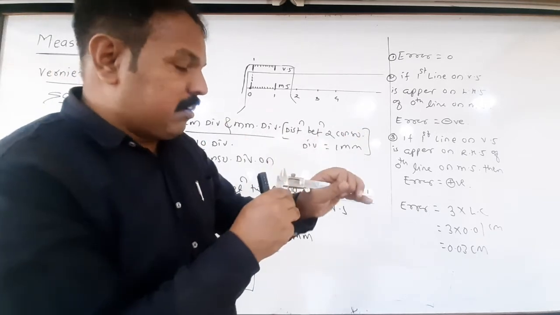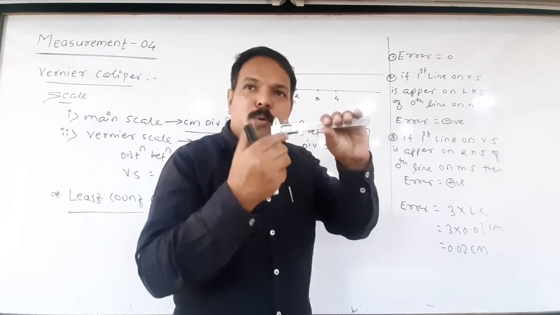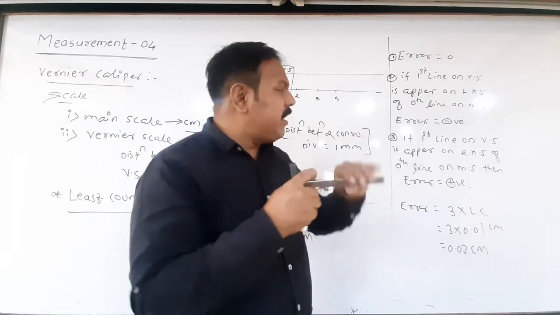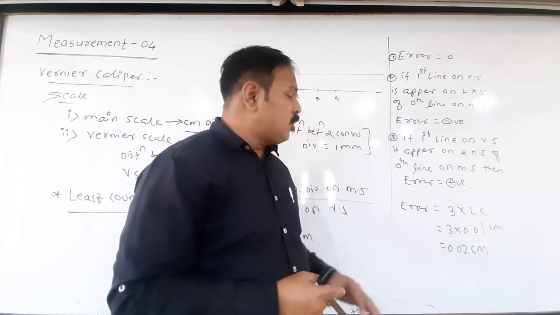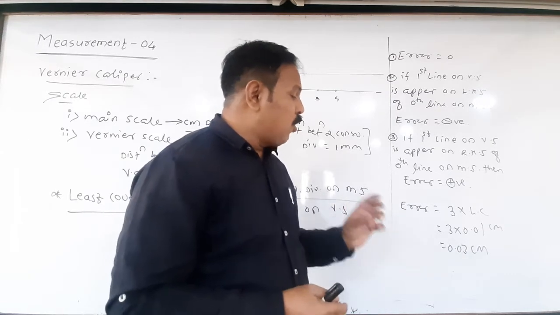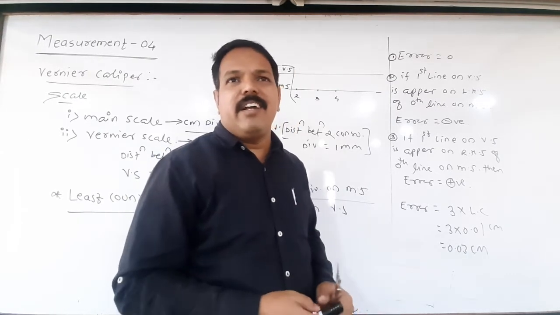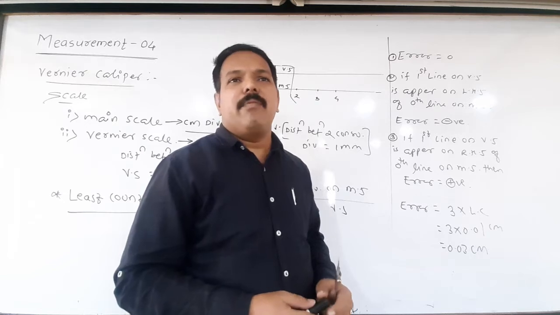If the jaws are closed, which line is matching exactly? If the third line is matching exactly, then error equals 3 into least count, that is 3 into 0.01 centimeter or 0.03 centimeter. Is it clear? This is the method of calculation of error.